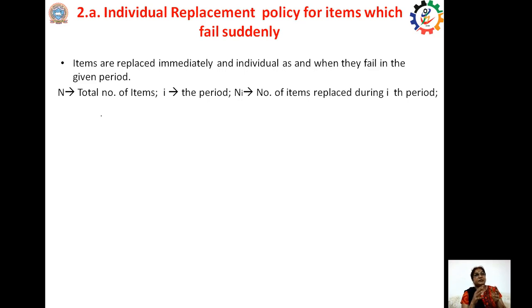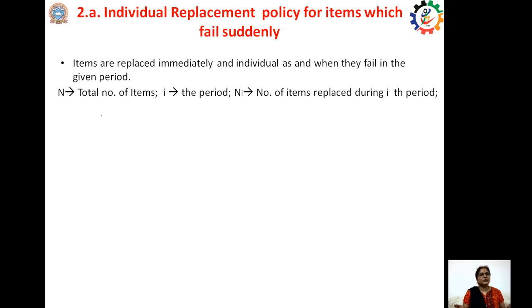But there is every chance that during the first month, a few of the resistors will fail. Their lives are unpredictable. During the second month, some of the bulbs or resistors may fail. Third month, some more may fail.